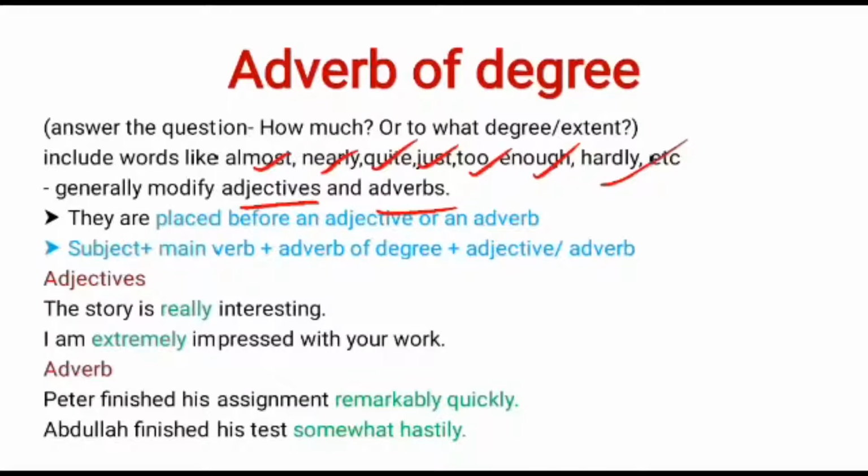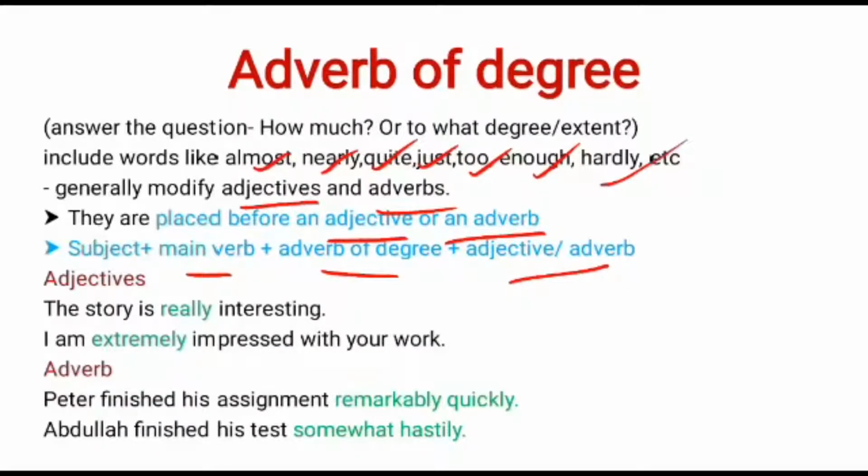Now let us talk about their position. When we look at this sentence structure, so it says that they are placed before an adjective or an adverb. So our sentence structure would come out as subject plus main verb, then adverb of degree, and at the end adverb or an adjective.